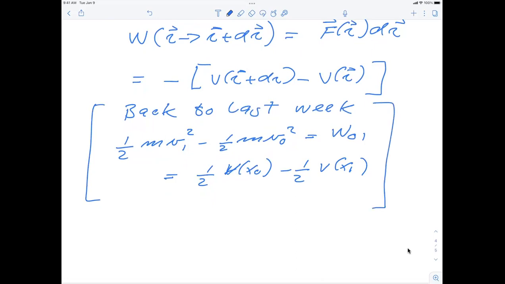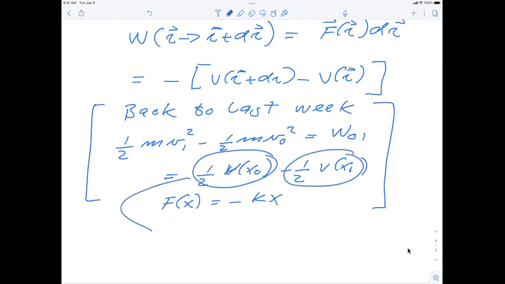And then in that specific example, we had a force F of x, which was simply given by a spring constant. In that case, these terms were simply given by, sorry, I anticipated things, there shouldn't be a factor of a half here. So we got 1/2 k times x0 squared minus 1/2 k times x1 squared.